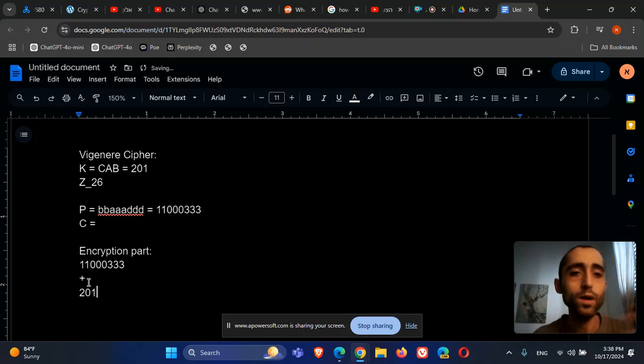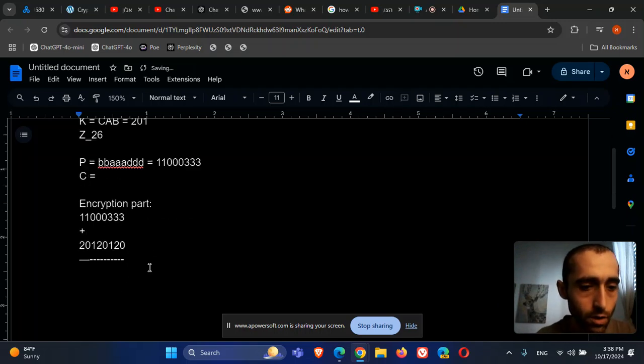Now, of course, one key is not enough. It's just for the first four, so I again put the key, and this is for this one. I have just two letters left, so I have just this, and I calculate the result, which is in modulo 26, remember.